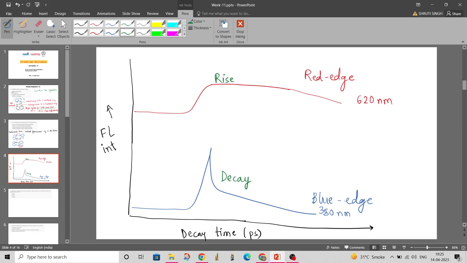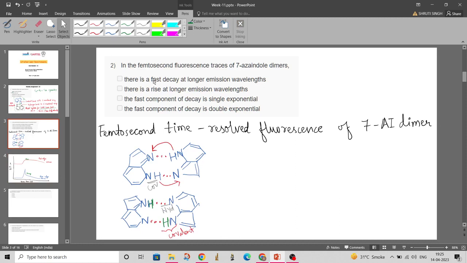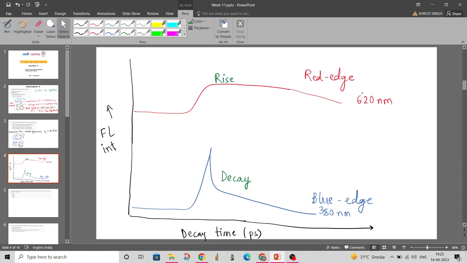So the question is asking about the femtosecond fluorescence traces: there is a fast decay at longer wavelengths. So this is the longer emission wavelength, but here we do not see any fast decay. Let me write over here: no fast decay here.